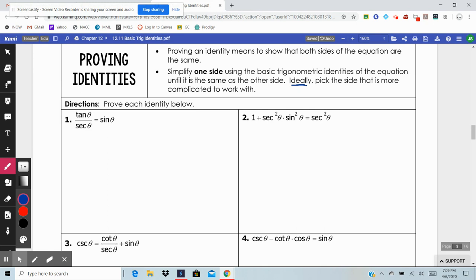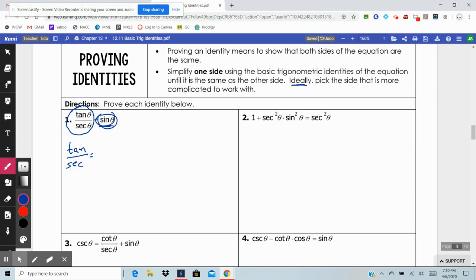So on this first problem, tangent over secant, we're going to show that that's equal to sine. How are we going to do that? We're going to take the complicated side and clean it up just like we did last section. But what's nice about it is now we pretty much know what the answer is. We want to take the complicated side, which is tangent over secant, and somehow prove that that's equal to this.